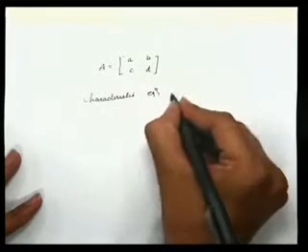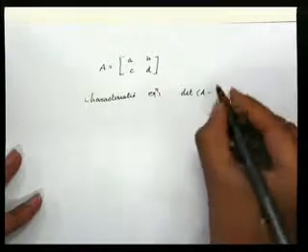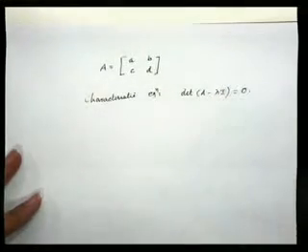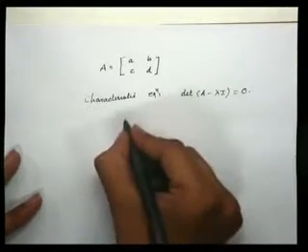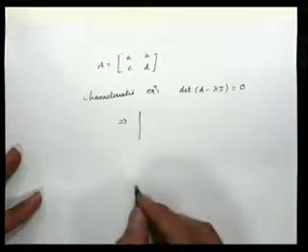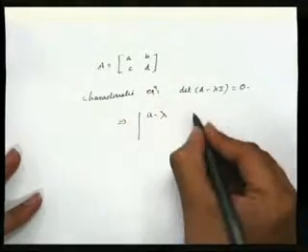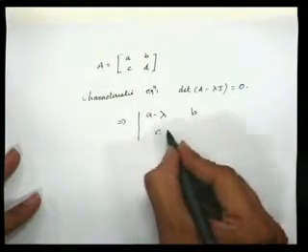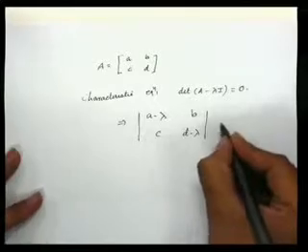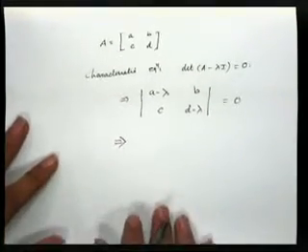the characteristic equation is given by the determinant of A minus lambda I is equal to 0, which implies this determinant is a minus lambda, b, c, and d minus lambda equal to 0.